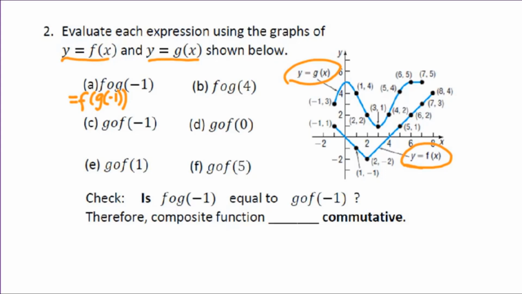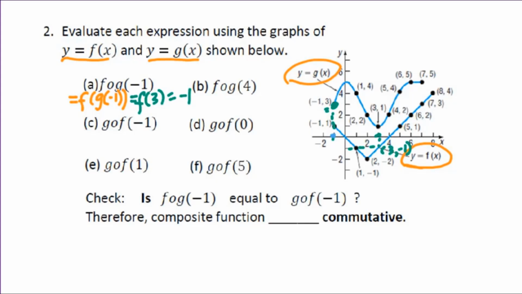Still inside first, find negative 1, and then go to the g function. Draw a vertical line passing through the g function. That is 3. So we got f of 3. Then find the 3 here. Draw a vertical line to pass through the f function. You can see that is negative 1. So we got negative 1 for A.